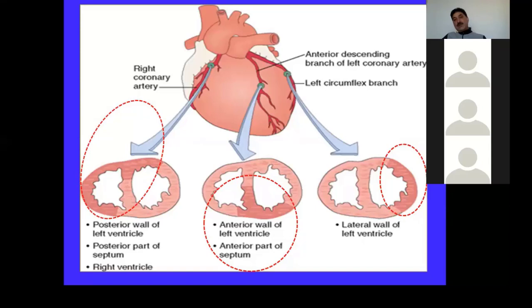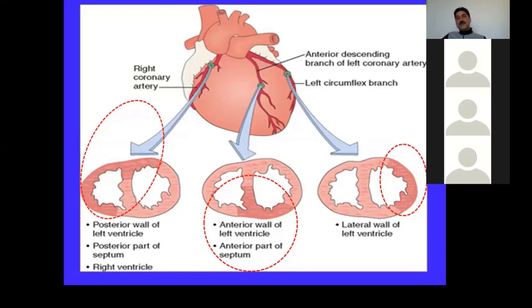So if we talk about the blood supply of the septum in case of right dominance, the anterior 2/3 is supplied by the left anterior descending through its septal branches, and the posterior 1/3 is supplied by the posterior descending branch of the right coronary artery. In short, it gets blood supply from both the right and left coronary arteries in case of right dominance. Is it clear to you?